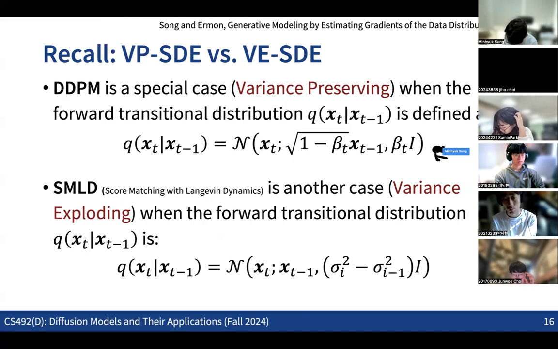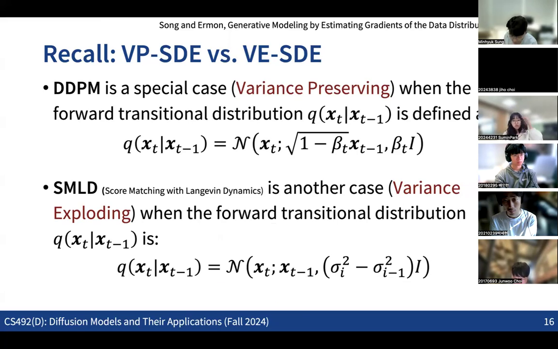This was the case of DDPM, what's called the variance preserving case, because the variance is preserved in the SDE formulation. The other case that we did not discuss that much is this case. This is another special case of the general diffusion models, where we define the forward transitional distribution the other way around, having this specific form which does not have the scaling term here, but only has the variance.